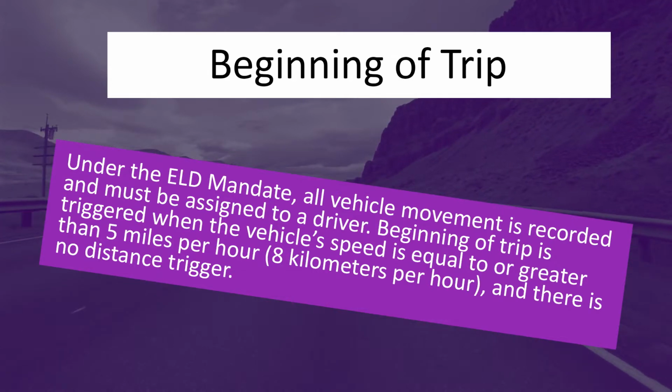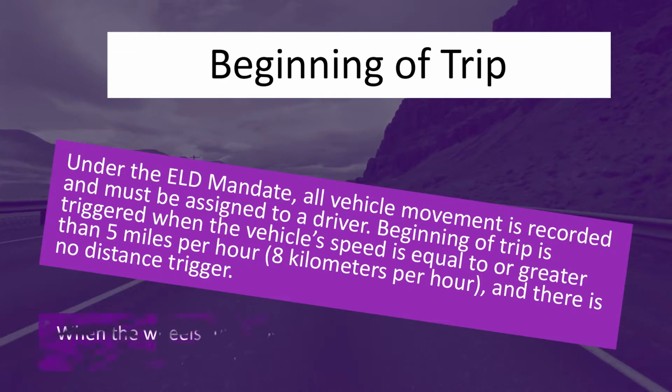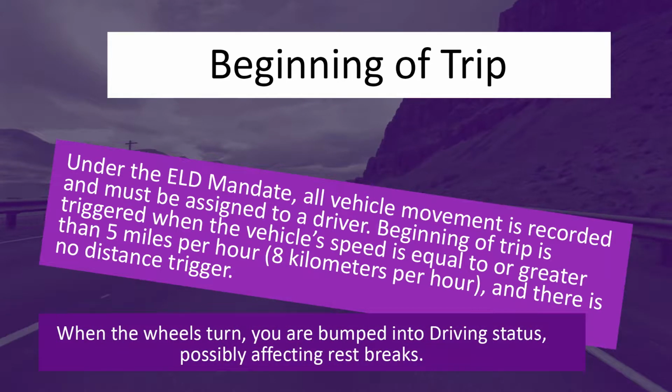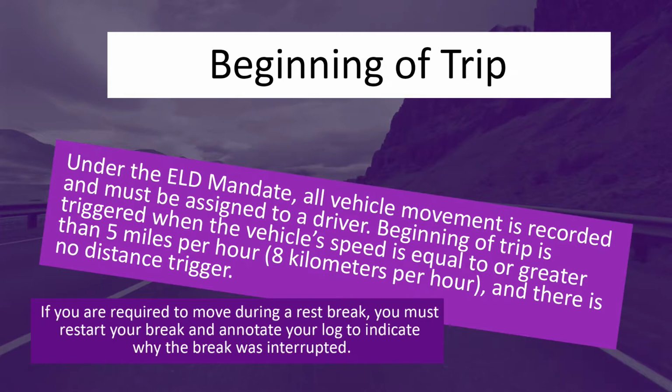The beginning of a trip is triggered when the vehicle speed is equal to or greater than 5 miles per hour, and there is no distance trigger. When the wheels turn, you are bumped into driving status, possibly affecting rest breaks. If you are required to move during a rest break, you must restart your break and annotate your log to indicate why the break was interrupted.